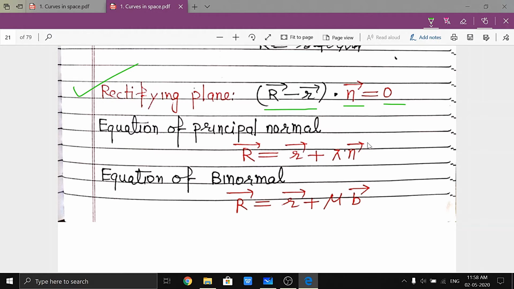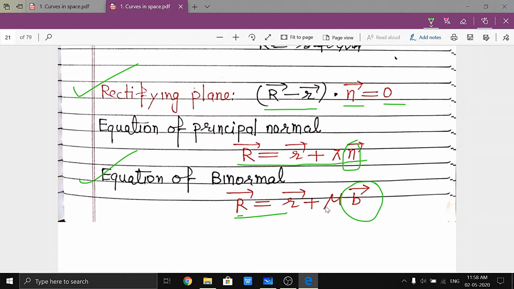Here the T vector is replaced by the N vector, so the principal normal is R equals r plus lambda N. Similarly for the binormal, R equals r plus mu B, where the T is replaced by the binormal vector.